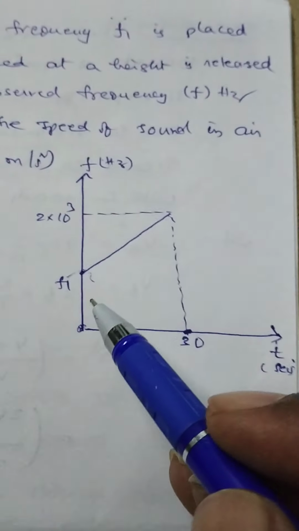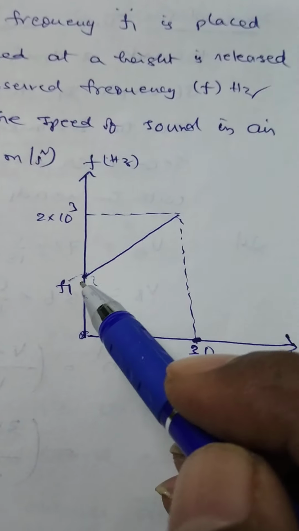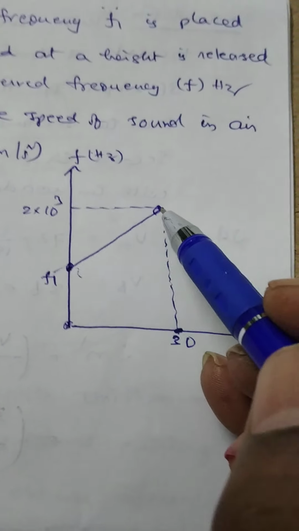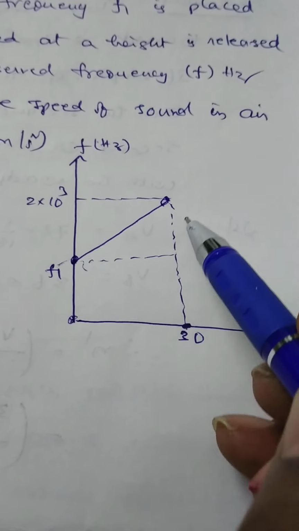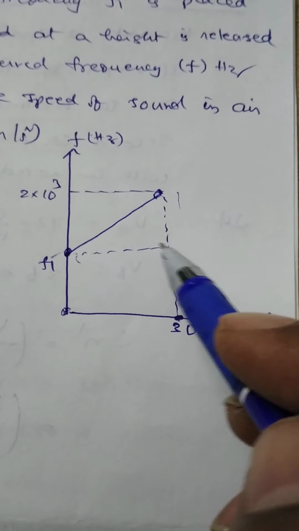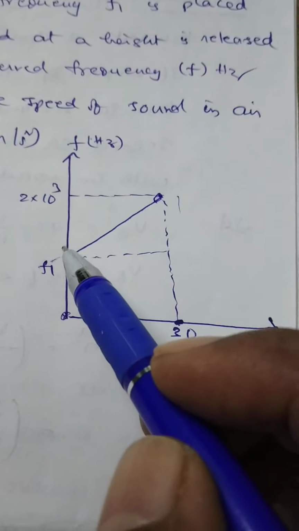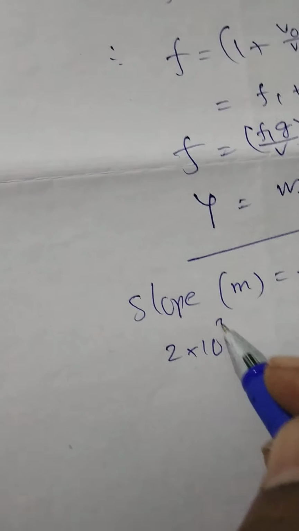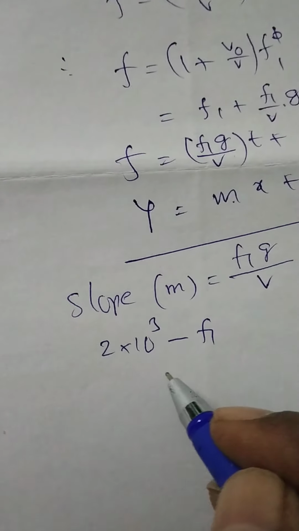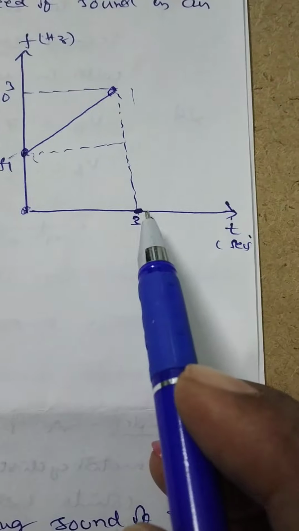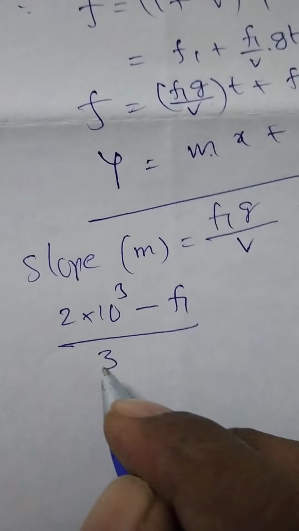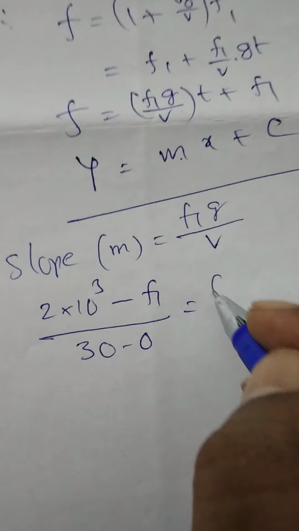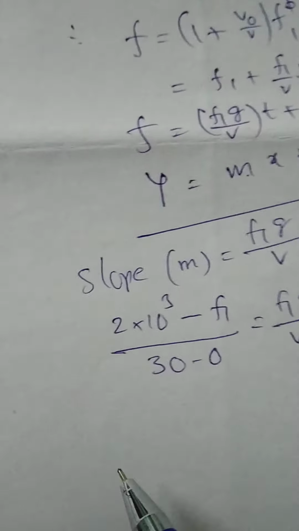So from this graph, between these two points, the slope is equal to the difference in y coordinate, which is 2 into 10 cube minus F1, divided by the difference in time, which is 30 minus 0, and this is equal to F1 into g by V.